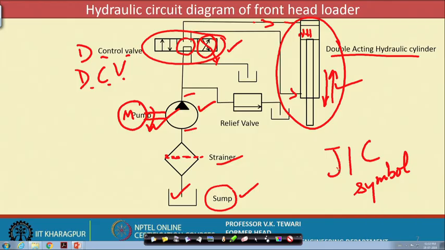Many times when the pressure is very high, in order to save the system, there is a relief valve, a pressure relief valve, PRV, which is set at about 20 to 25% more than the system pressure. So, this relief valve is set at a higher pressure than that, and there is no problem in the system as such. It will take care of the exigencies when the load increases.